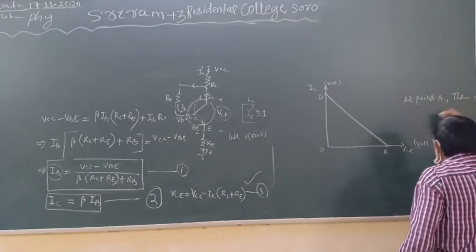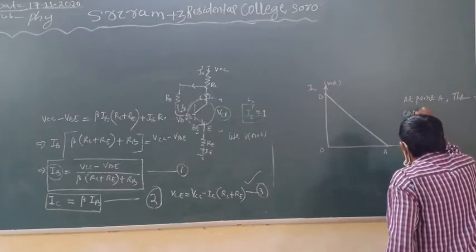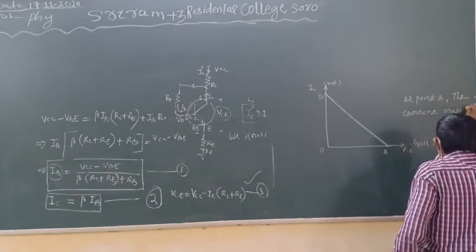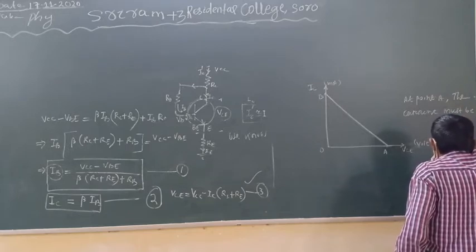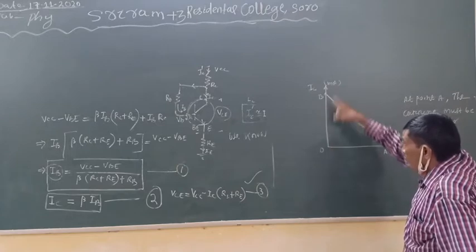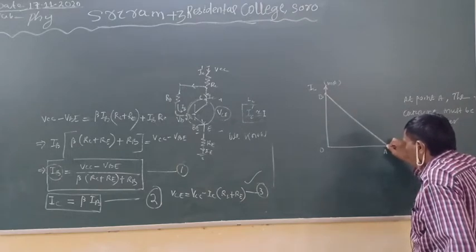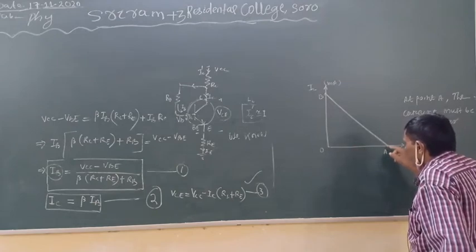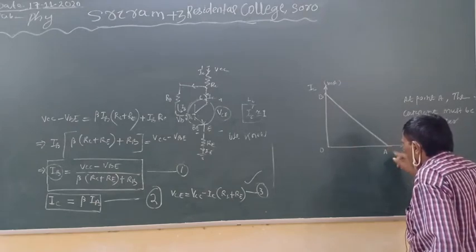From equation number 3, at point A the current must be 0, because this point lies on the x axis, so IC is 0.